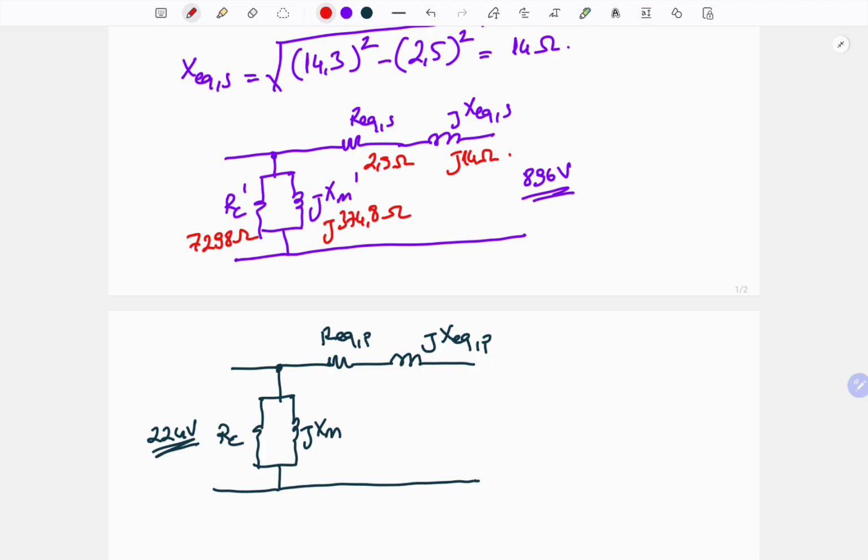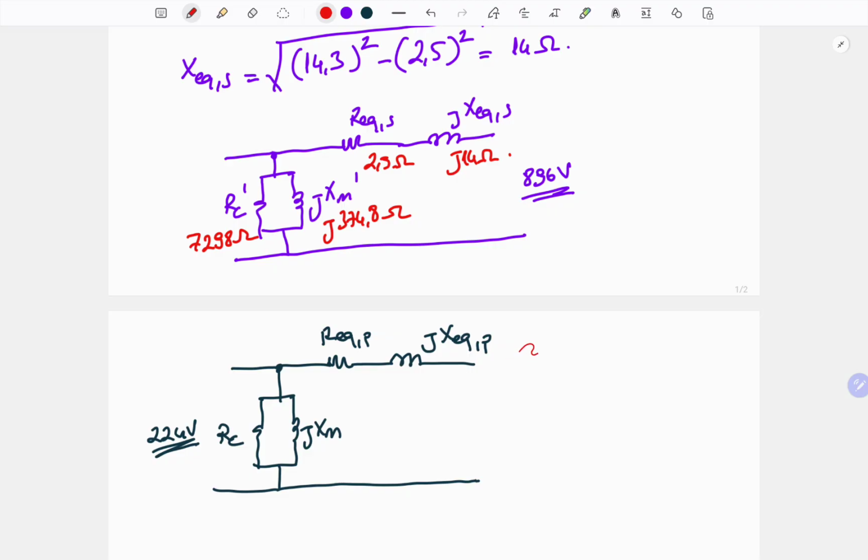We will carry them from the secondary voltage side to the primary voltage side. Because of this, in that case, we have to multiply the secondary side values with A square. What is A? Turn ratio.